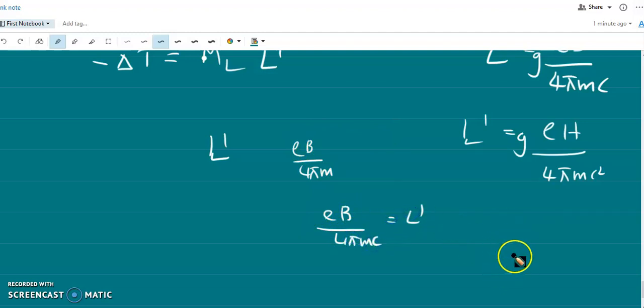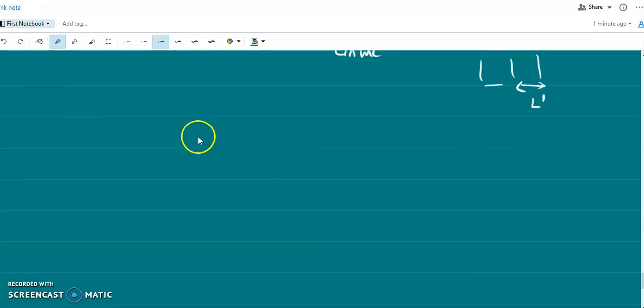So in the presence of the magnetic field, every line splits into 3, and the wave number separation between two lines is 1 Lorentz unit, which is equal to EB/4πmc. We also see that this frequency separation EB/4πm and the wave number separation EB/4πmc are proportional to the magnetic field.